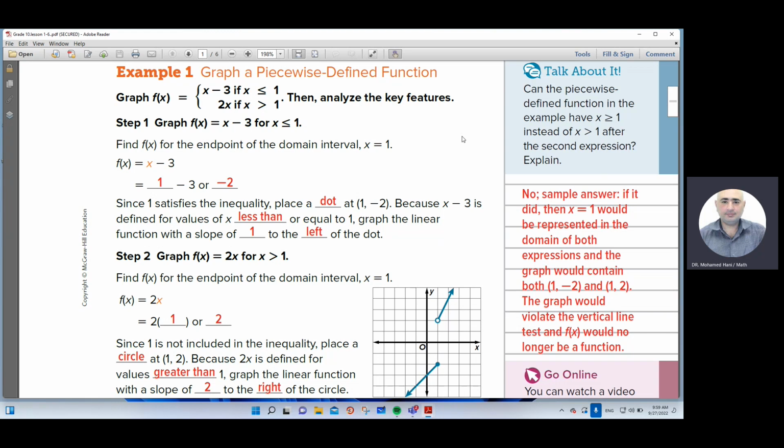So this is the first idea in this lesson, how to graph a piecewise defined function. We can graph the first expression, then we can graph the second expression.